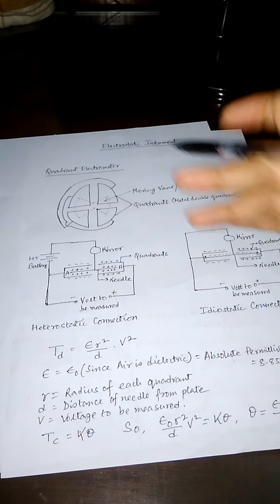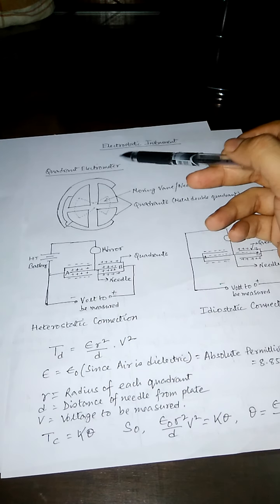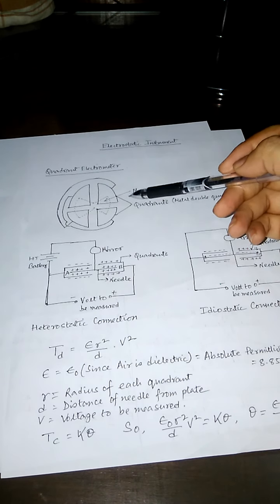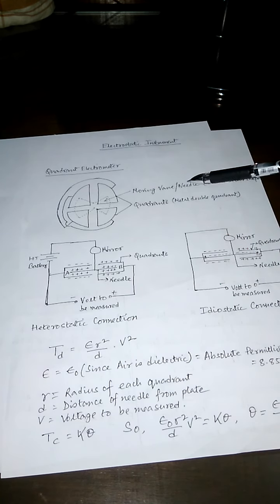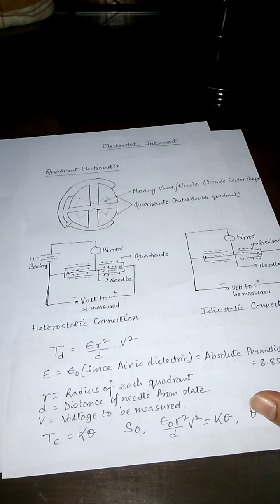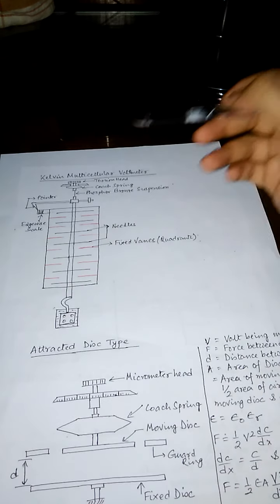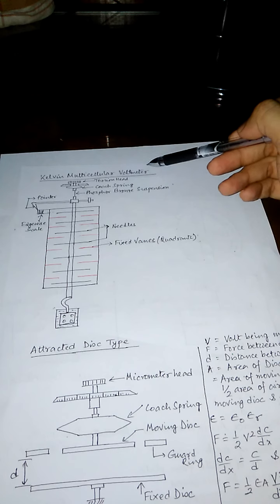This is already discussed in earlier classes. Now this is the arrangement of the quadrant electrometer, and this type of arrangement is used up to 20 kV of voltage. Now there is another type of meter, the Kelvin multicellular voltmeter.